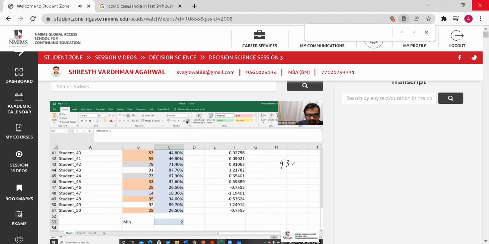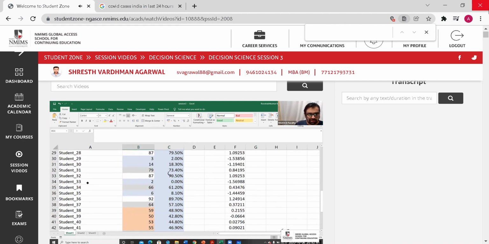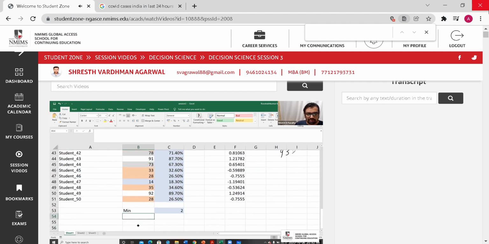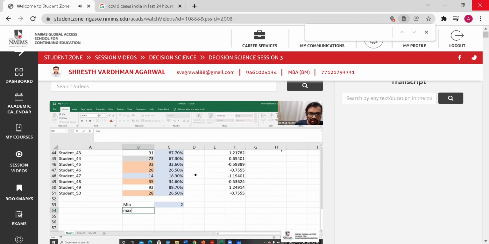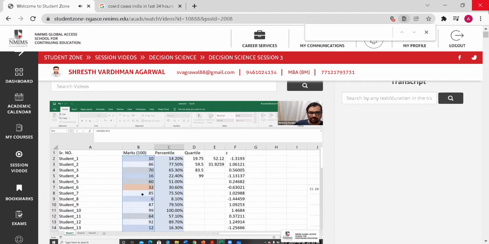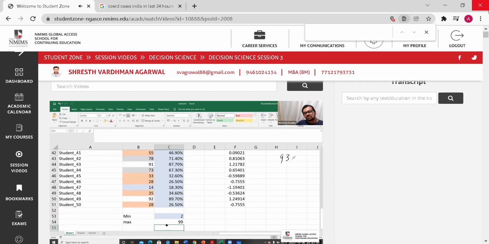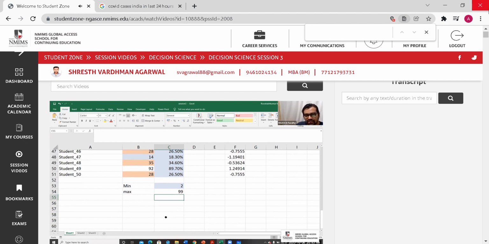The minimum mark is 2. I guess student 33 secured 2 marks out of 100. The maximum marks equals max. Let me select the entire range again and hit enter. So this is the range, 2 to 99.